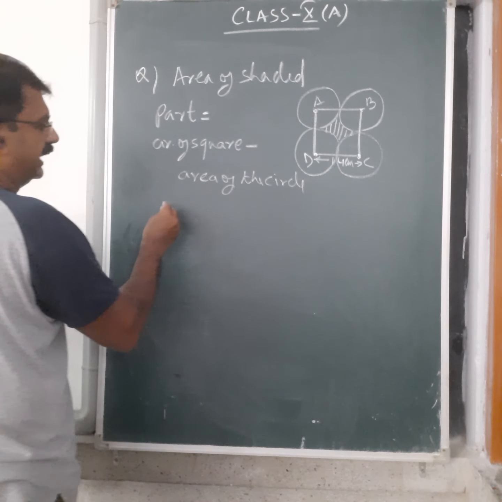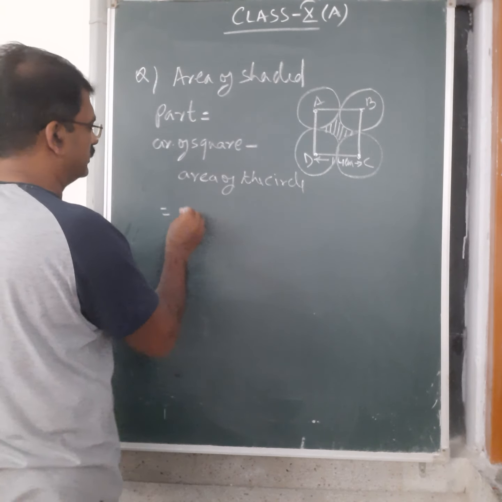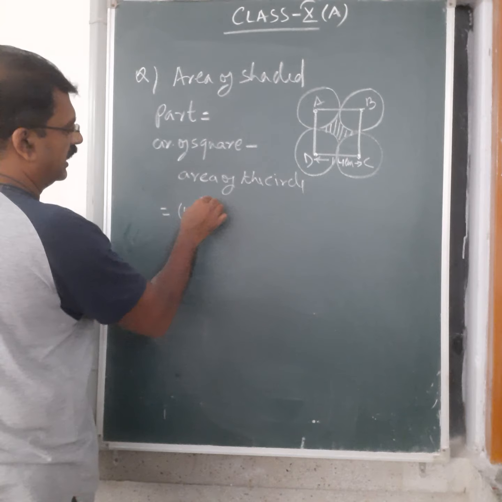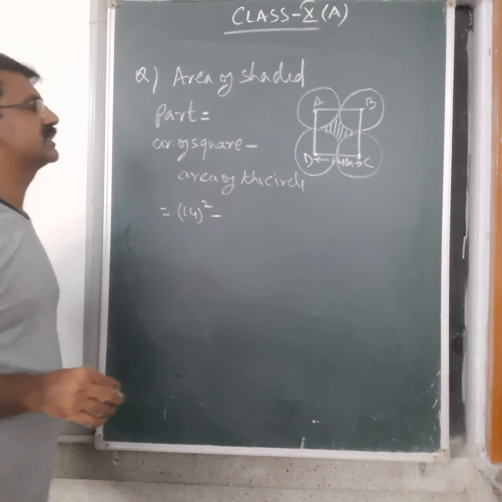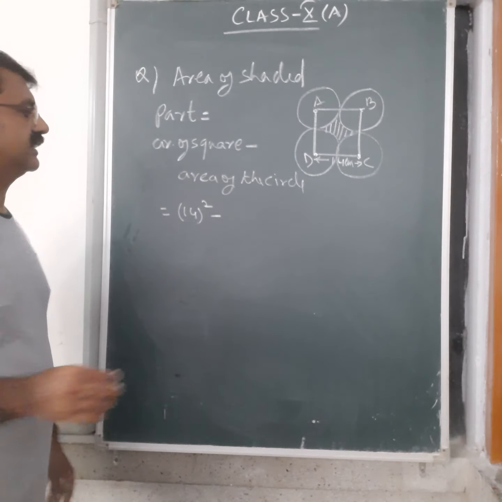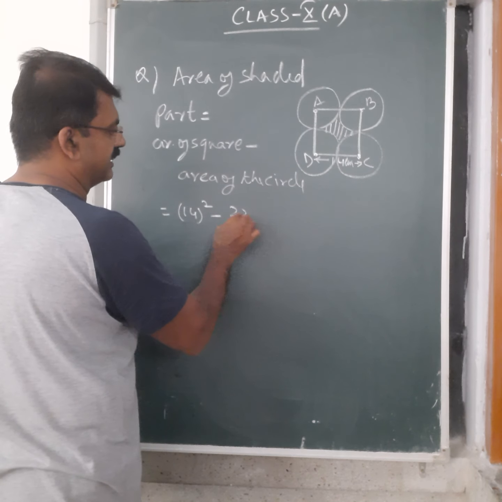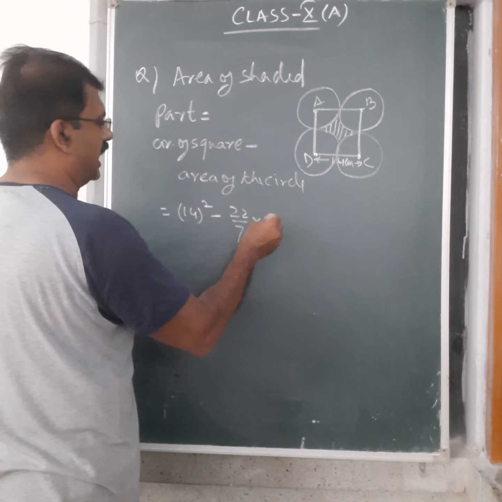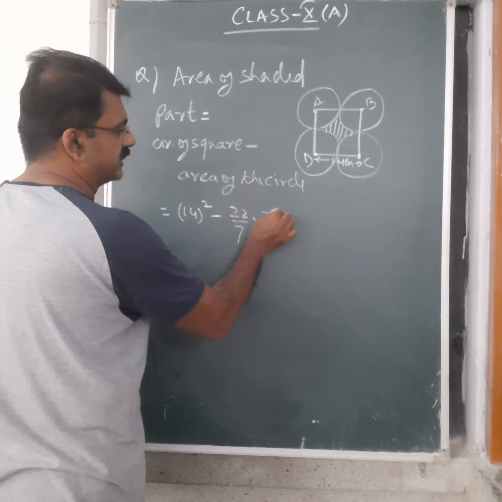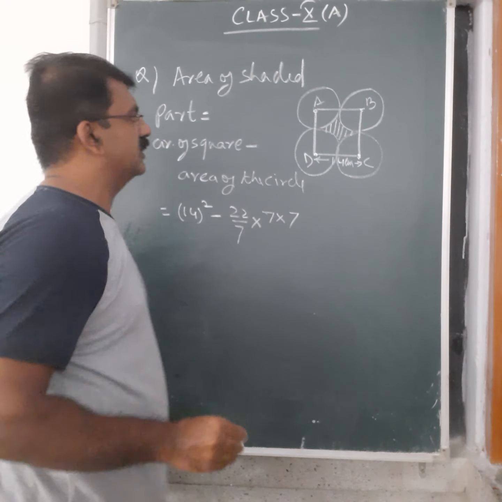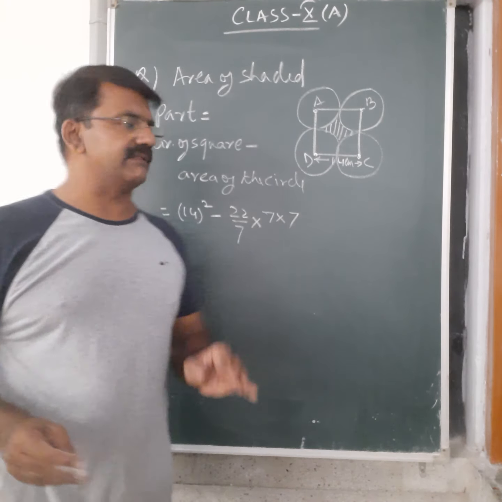Now area of square, you know it is side square, so 14 square, and area of the circle it is pi r square, so 22 by 7, and r square, that is 7 into 7. I told you that the radius of each circle will be 7 centimeter.